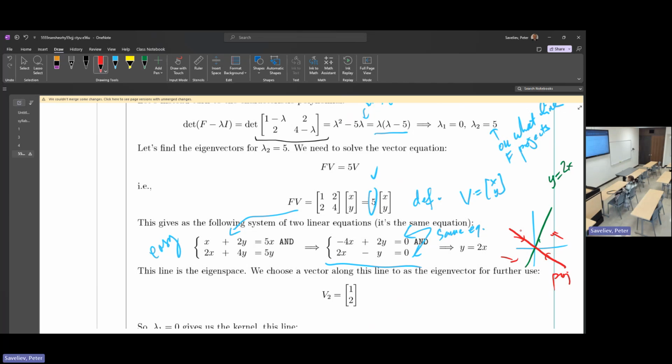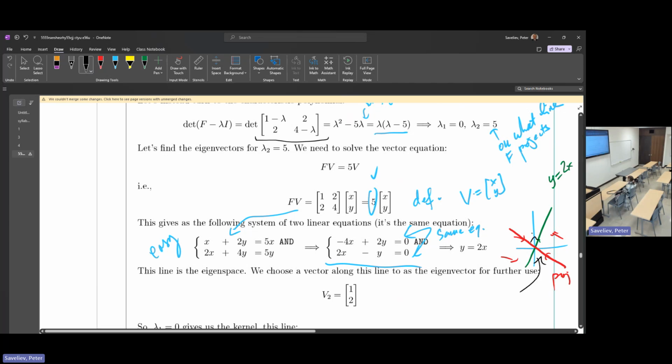The green line is the one with the stretch by 5, and the red one is the projection. What line is it? It is perpendicular. Okay, good guess. And perpendicular, good guess indeed. And then you can tell what it is.